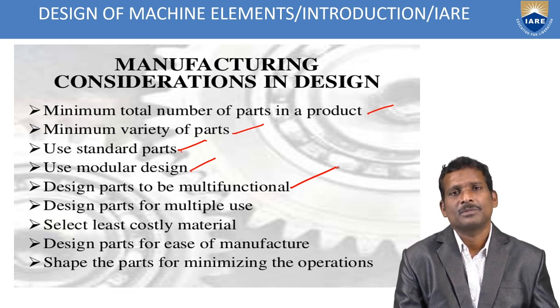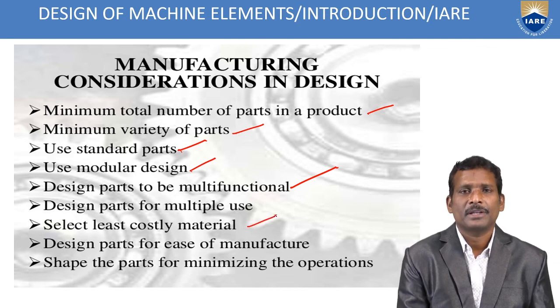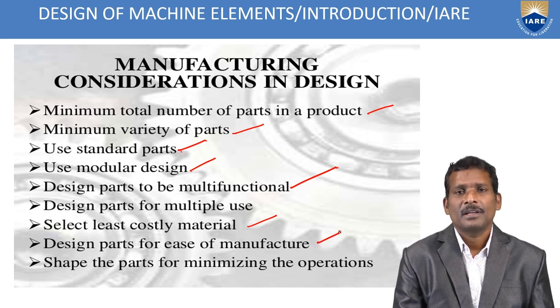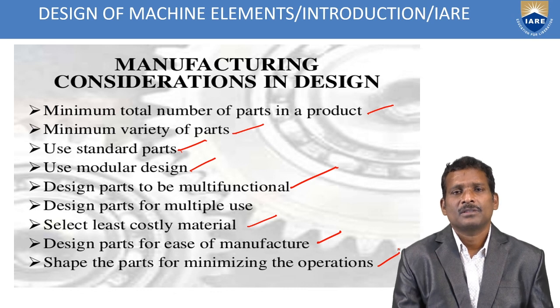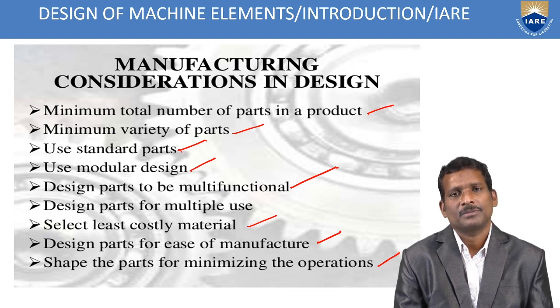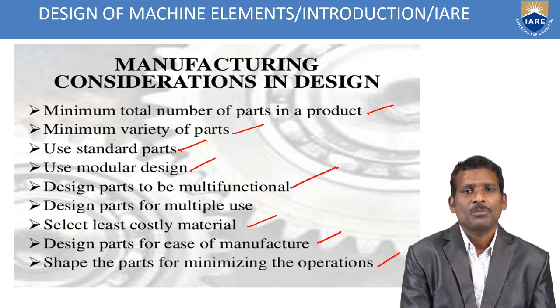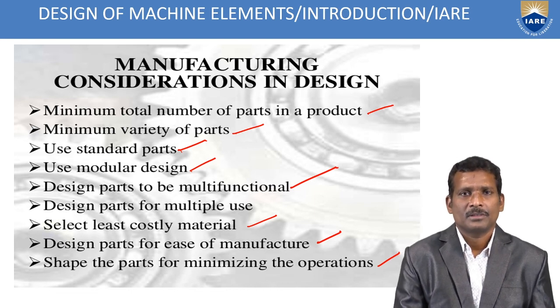The parts should be multifunctional. So like that you have to design. Clear? And then select the least costly material, design parts for ease of manufacture, and shape the parts for minimizing the operations. Clear? So all these things come under the manufacturing considerations. While manufacturing the product, you have to remember these points. Then definitely your product will succeed.